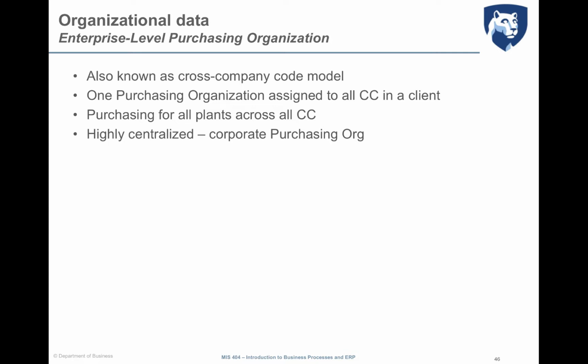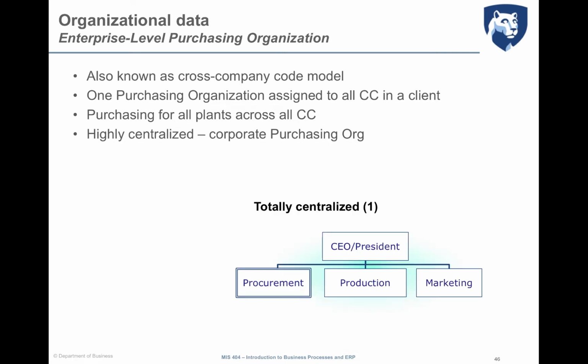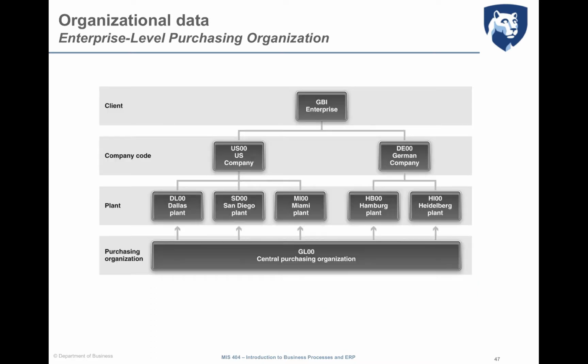In this model, the purchasing organization is assigned to each plant, but not to the company code. If we refer to the model that we have already seen in the past, this is equivalent to the totally centralized model of the purchasing department, where there is a central procurement department managing all the spending of the company.